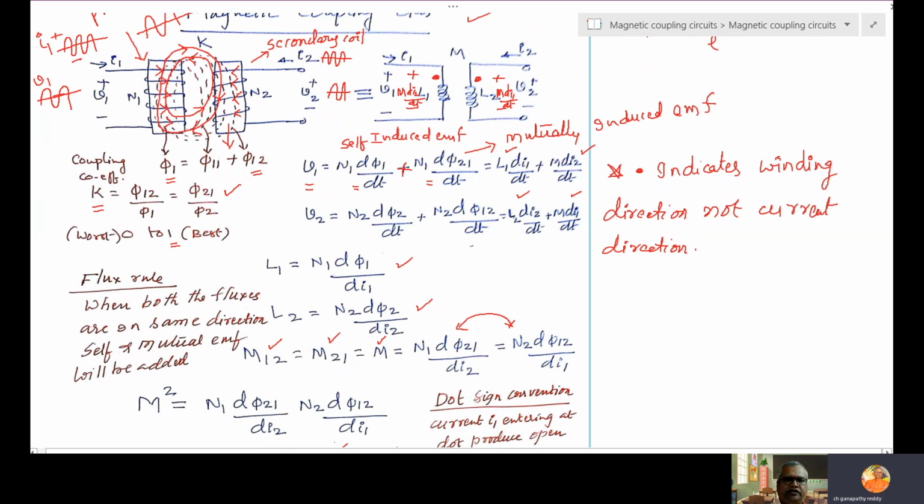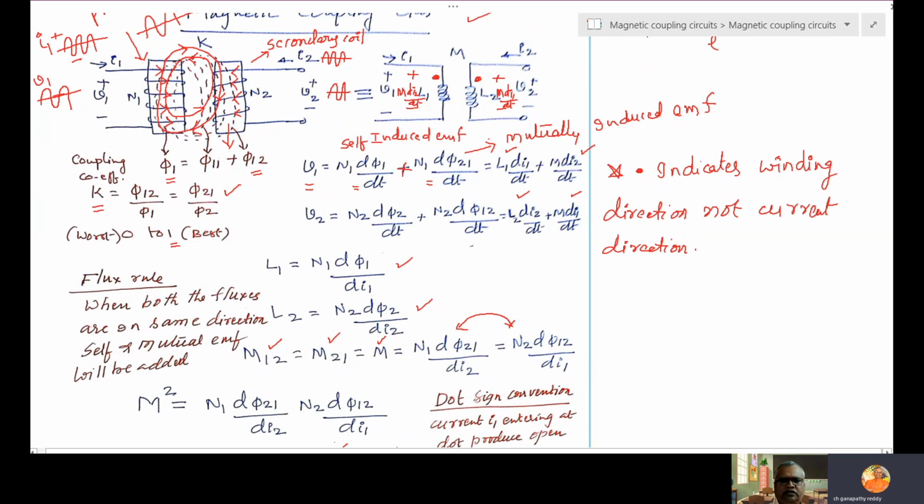For the winding directions shown, we have to keep both the dots on the upper side. If the secondary coil direction is changed, the secondary coil dot will come down. If the first coil winding direction is changed, then the primary dot will come down. If both are changed, again both will come down. Both directions changing is equivalent to the same, because entering at undotted and sensing at undotted is again positive.